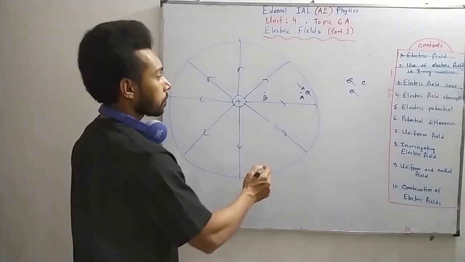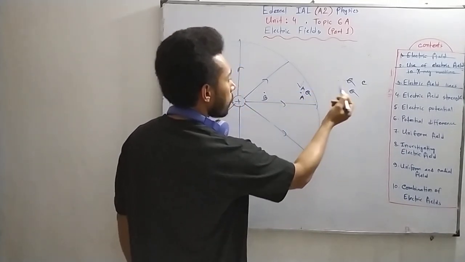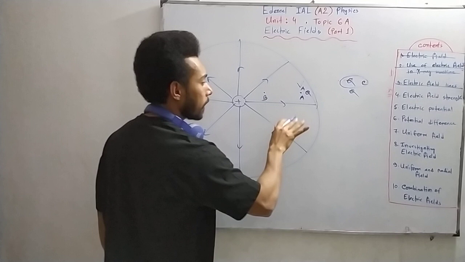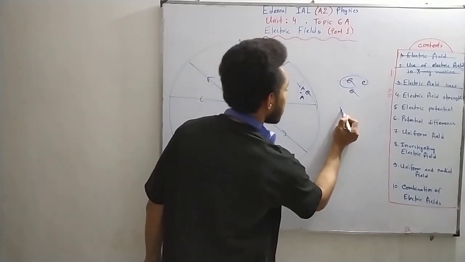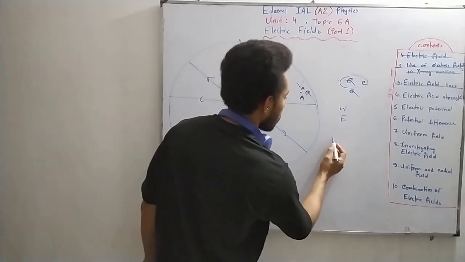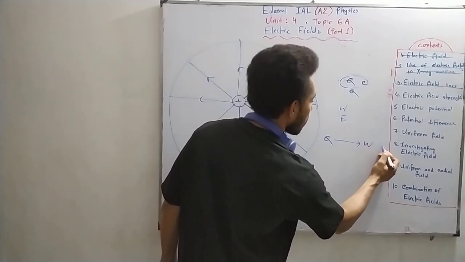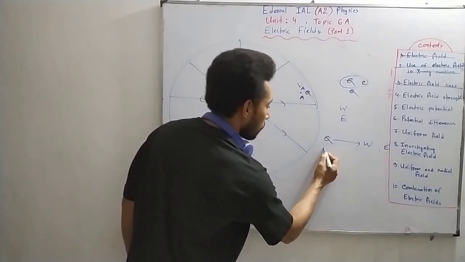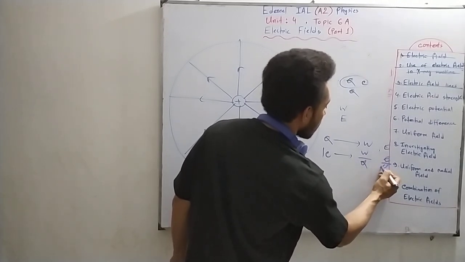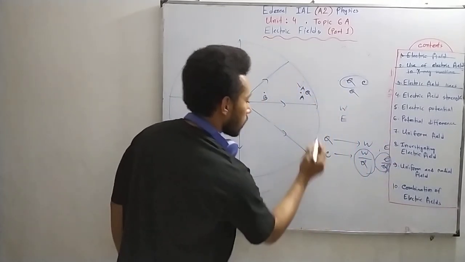Q coulomb charge. Suppose you have brought Q coulomb charge to point A, and suppose the work done on the Q coulomb charge is W, or the energy transferred to the Q coulomb charge is E. Then we can write, for Q coulomb charge, work done is W or energy transferred is E, and for per coulomb charge, for unit charge, the work done will be W by Q or the energy transferred will be E by Q. By definition, W by Q or E by Q is the potential of that point.